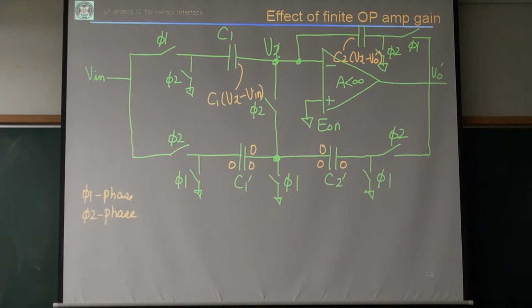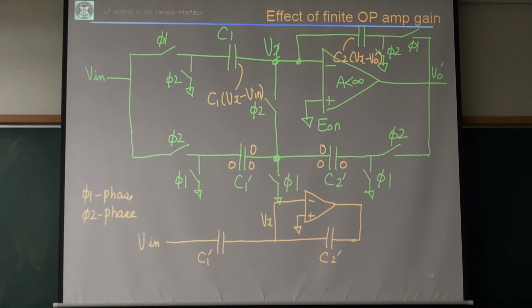Let's draw the circuit again. I have a V in on the bottom path, connected to C1 prime, and then connected to the op-amp minus input node. This is my Vx, and then this is connected to here. Then I have those capacitors, C2 and C1.